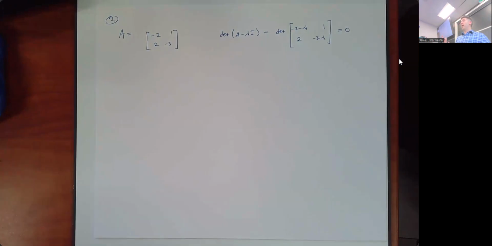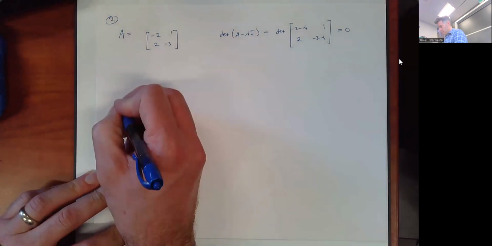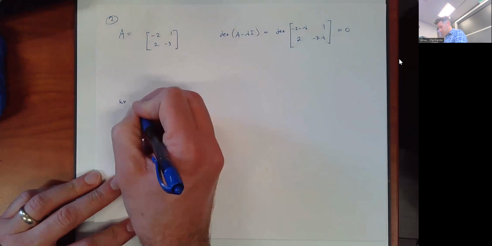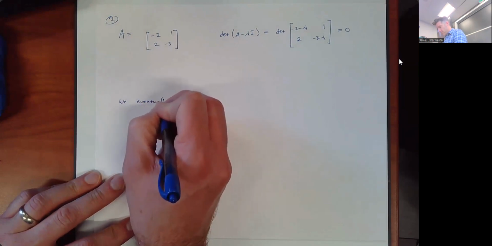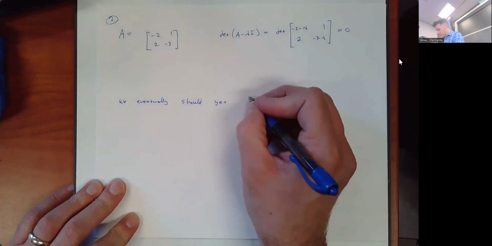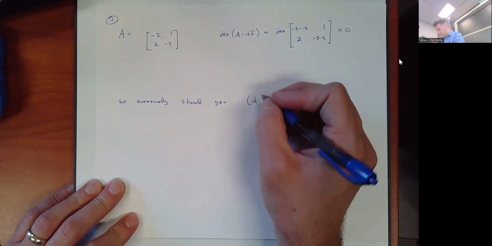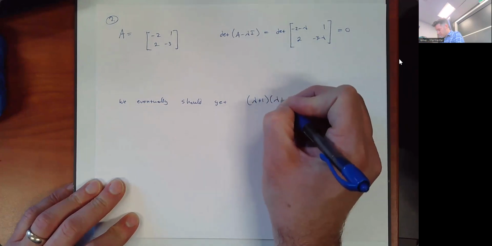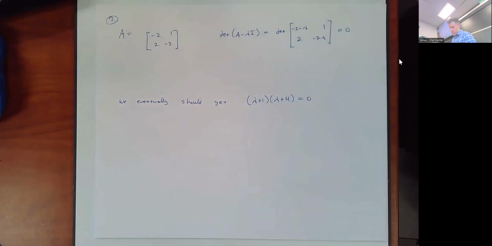You will have to multiply it out and then rewrite it as a quadratic that you can factor. I'll give you 2.5 minutes.